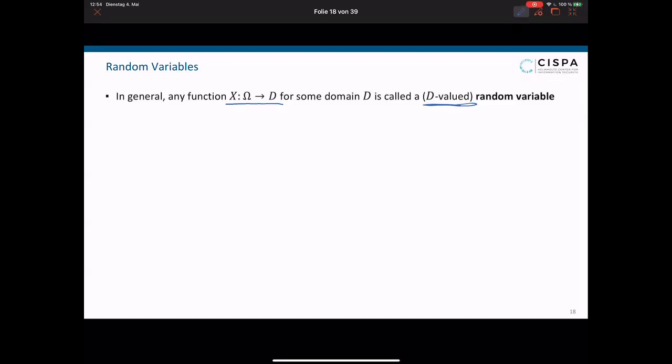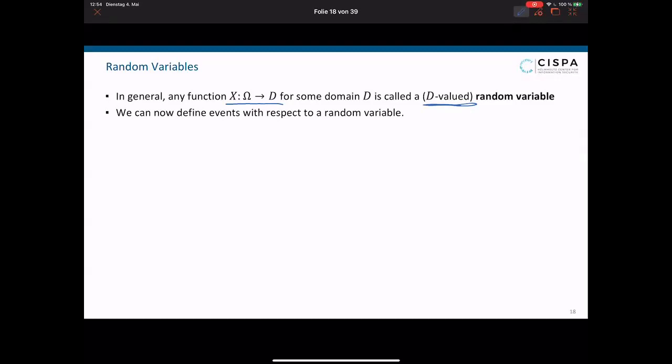But why is it a function? Well, the reason why we define such a random variable as a function is that this gives us a nice and compact way to define a set of events, right?